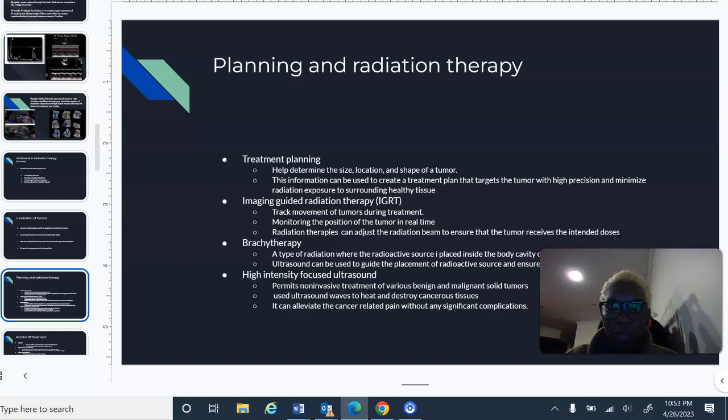It permits a non-invasive treatment of various benign and malignant solid tumors, such as liver cancer, renal, prostate, and uterine fibroids. It can alleviate the cancer-related pain without any significant complication.